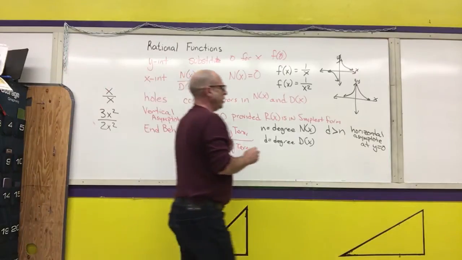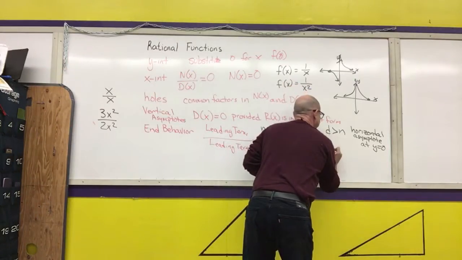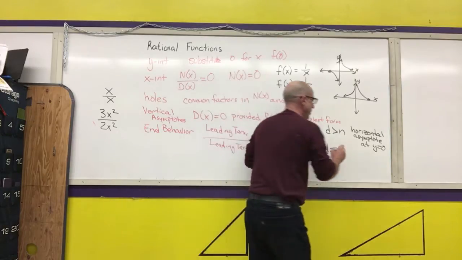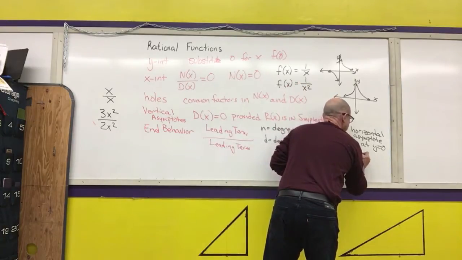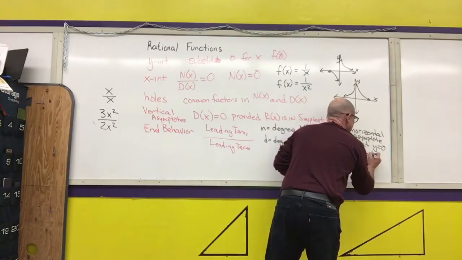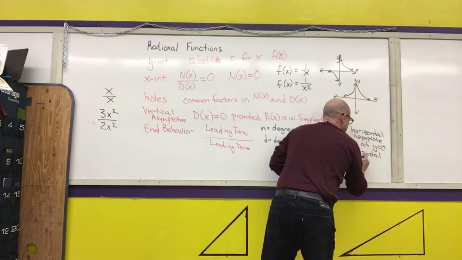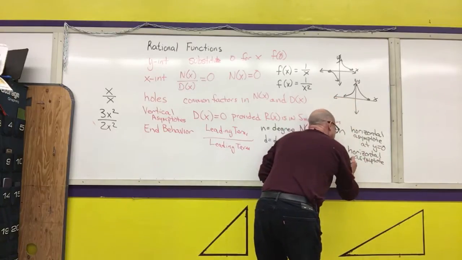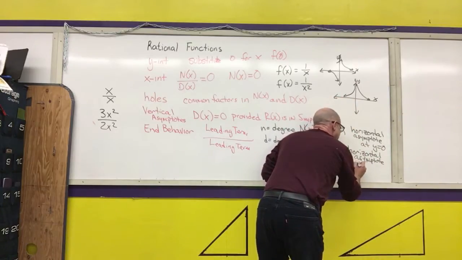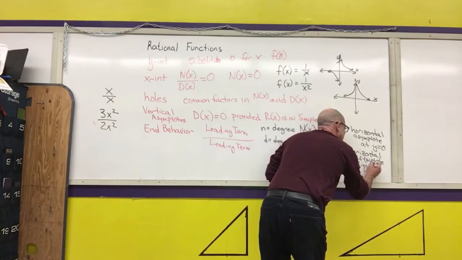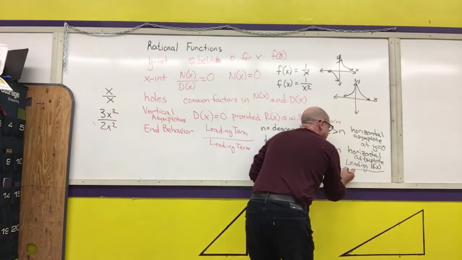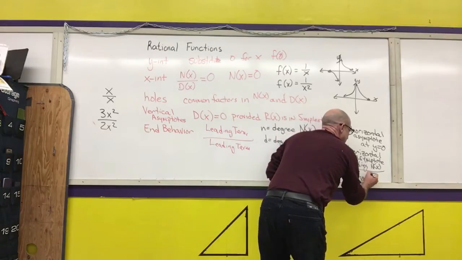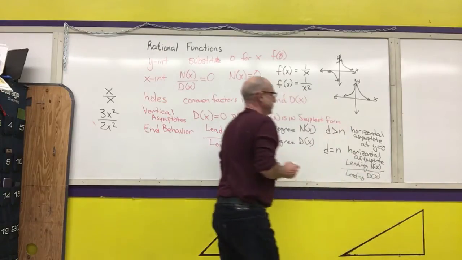So any time the degree of the denominator is equal to the degree of the numerator, you are going to have a horizontal asymptote at the leading coefficient of your numerator over the leading coefficient of your denominator.